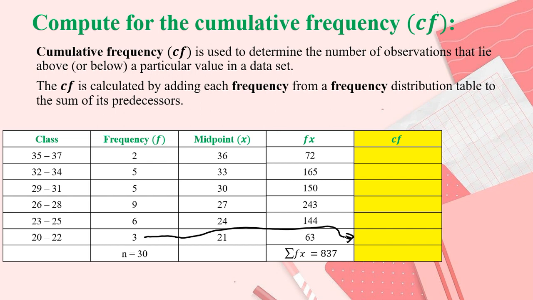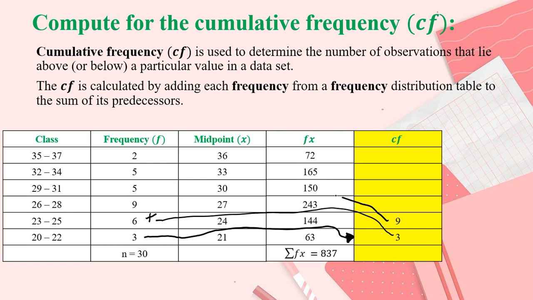Ayan. So, rewrite po natin, we have 3. Kung ano po yung frequency sa last class mo, i-rewrite mo lang po. We have 3. And after that, yung nakuha mong cumulative frequency sa lowest class mo, i-add mo naman po siya sa frequency ng sumunod na class. So, we have 3 plus 6, which is 9.